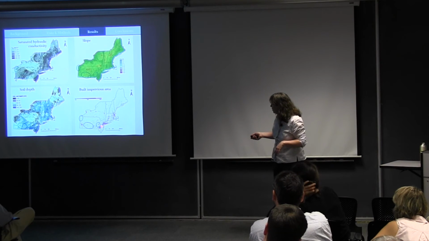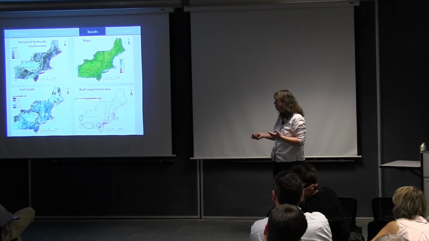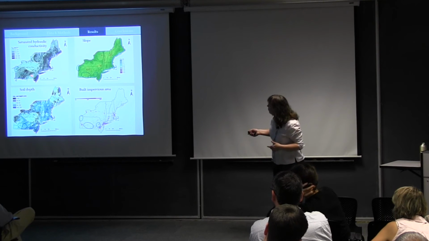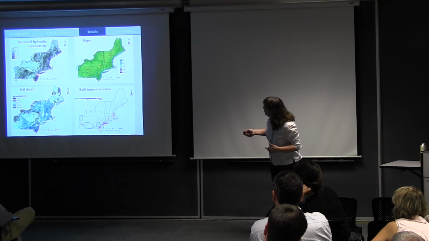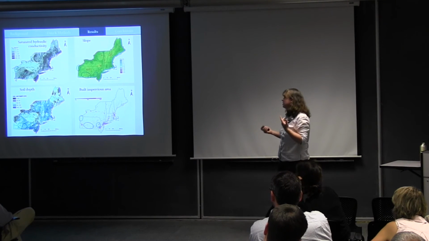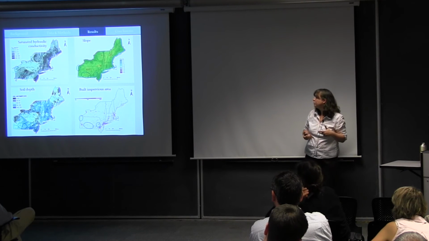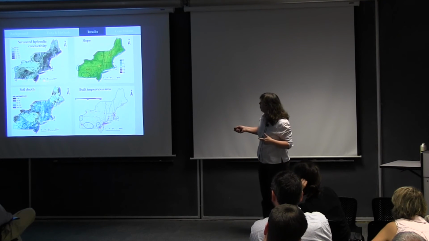In the cluster here of infiltration excess, we have a lot of people living here, so maybe the flash floods are happening largely because of impervious area and infrastructure, but maybe it's because the saturated hydraulic conductivity is a little low.